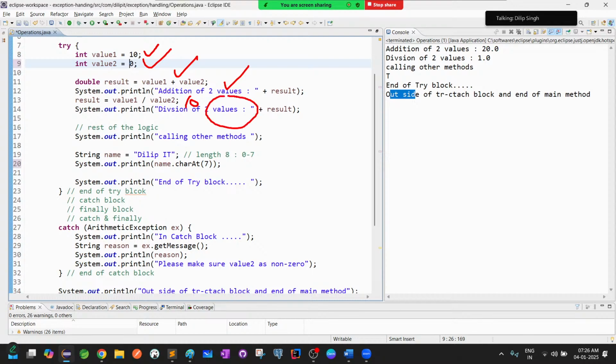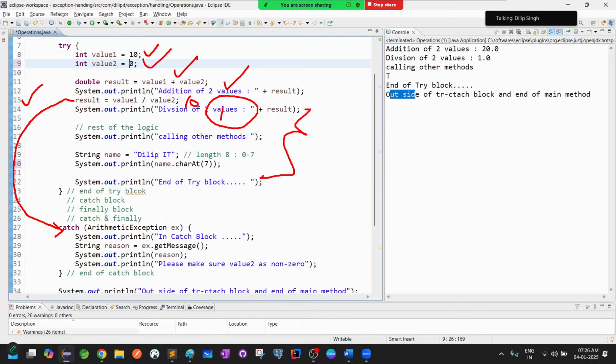Immediately JVM creates an exception object for the class called ArithmeticException, internally putting all the reasons and details. Then immediately JVM looks for the catch block, so it will reach the catch block. So in this case, as part of the try block, this logic is not executing, guys. Understand the point. Why?